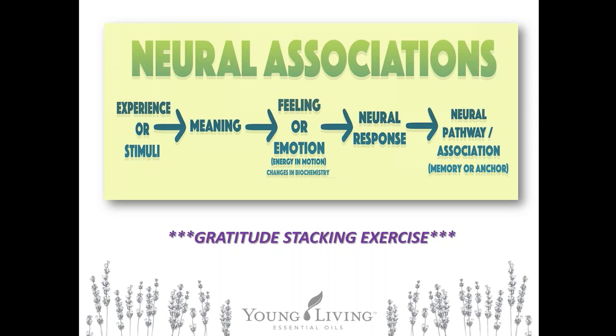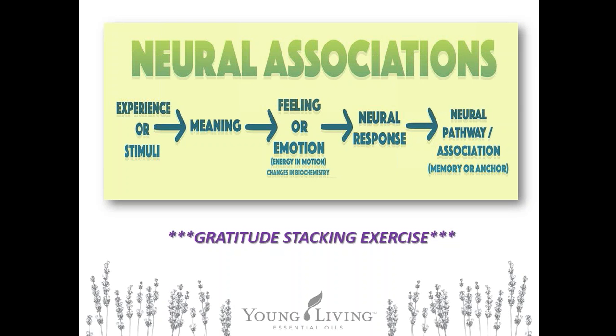So to create a positive neural association, let's say with Thieves, the experience: we have maybe someone who's feeling a little bit under the weather, not feeling really energetic, feeling a little bit run down.